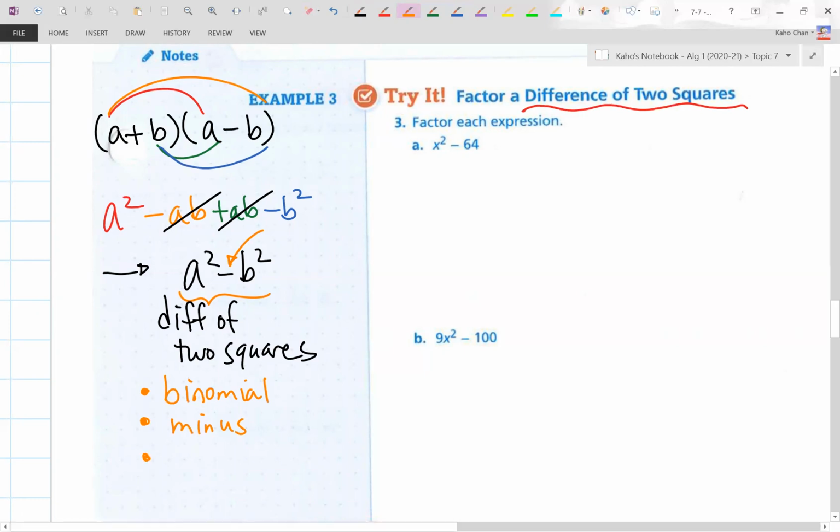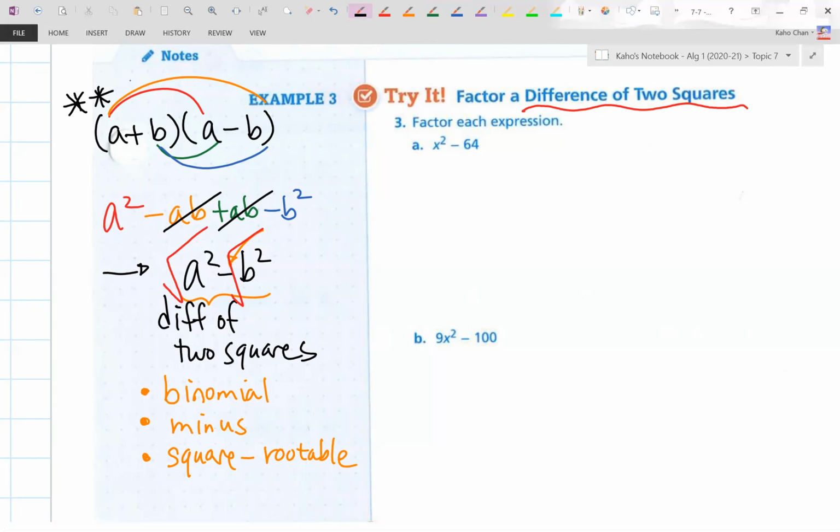And the terms are square rootable. Then you have a difference of two squares. That is the pattern. This is one that I would rather you learn more than anything else in this section. Difference of two squares. Let's take a look at 3a here.